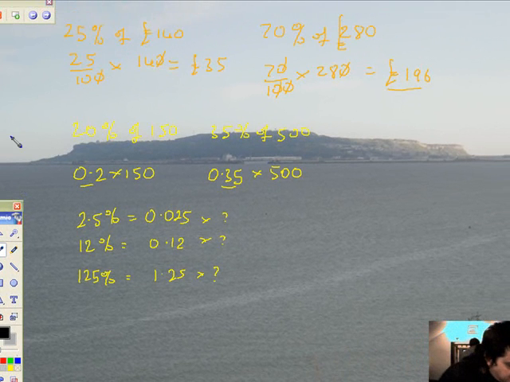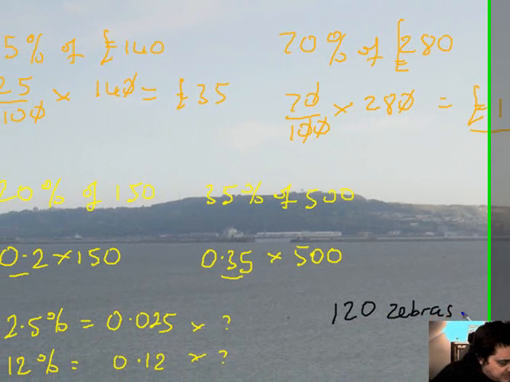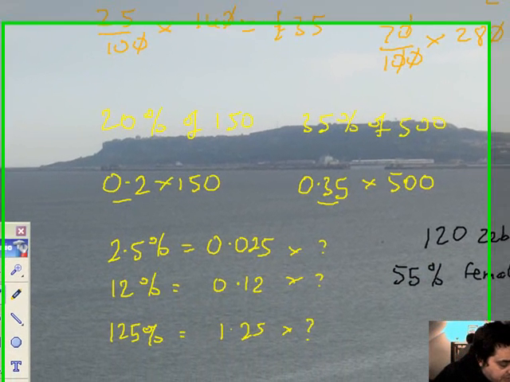Question 6 says a zoo has a herd of 120 zebras. So I've got 120 zebras. Just want to see where this is going to go. 55% of the zebras are female. And how many male and female zebras are there in the herd?